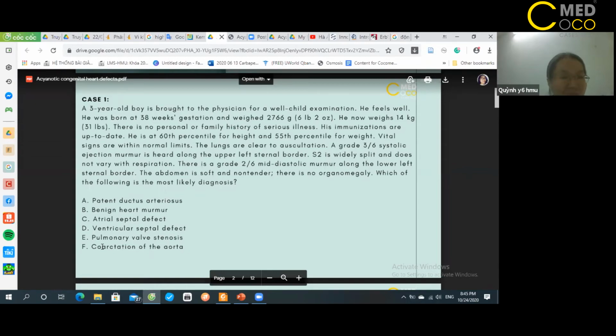We only have the C option left. It's atrial septal defect. The atrial septal defect means that we have blood flow from the left atrium to the right atrium, so it will increase the blood flow to the right atrium. That's the reason why we hear the murmur through the tricuspid valve.